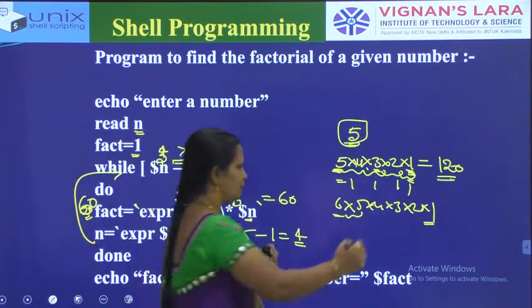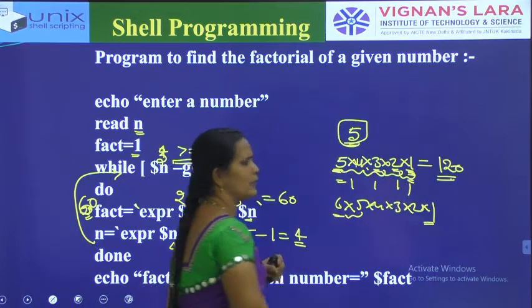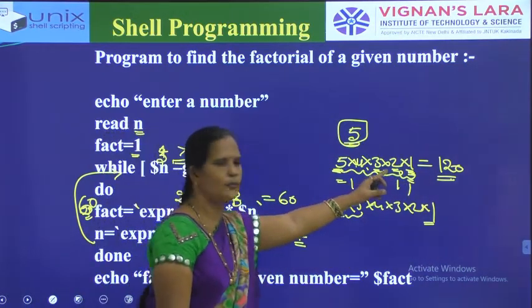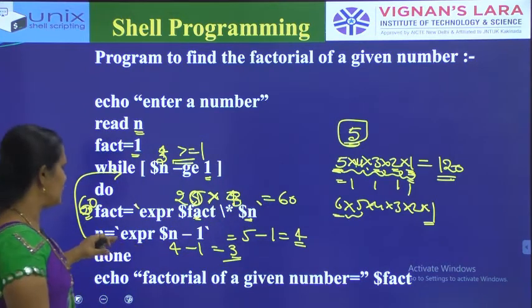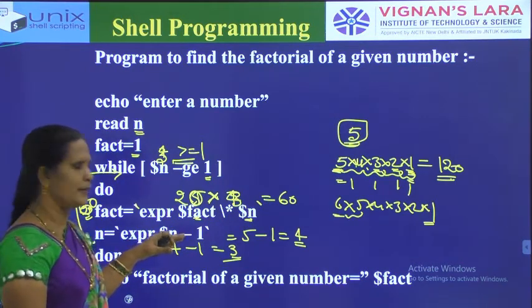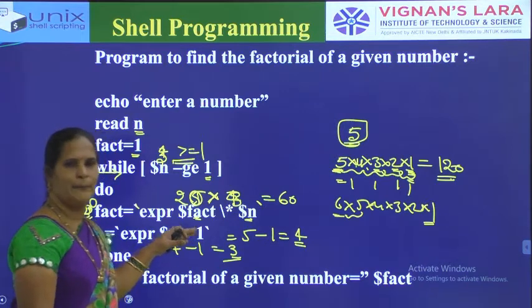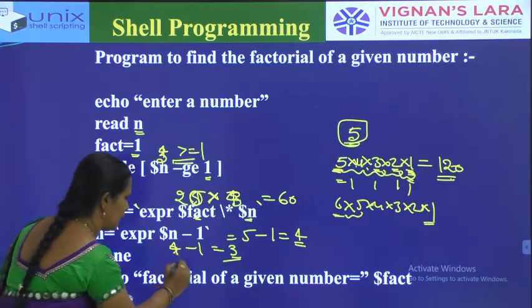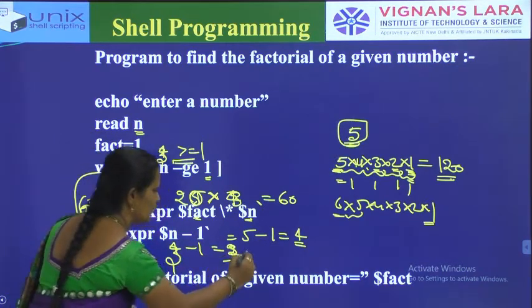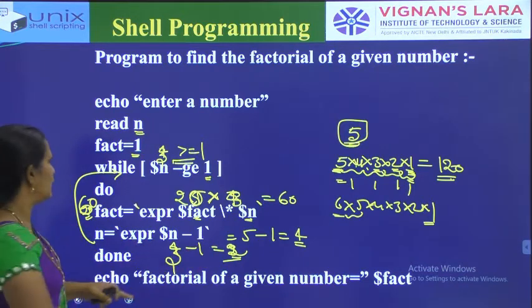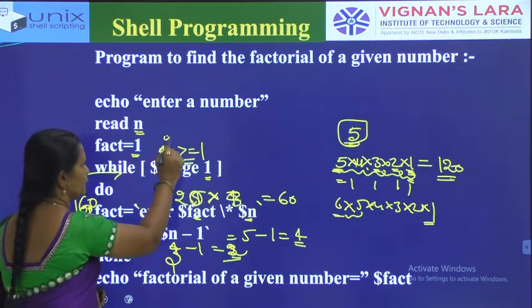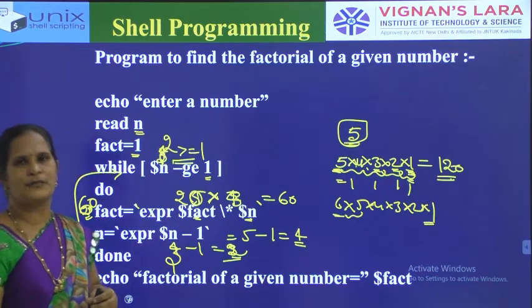Next, the value of n is 2. In order to get the value of 2, what do we have to do? We have to decrement the n value. n is equal to expr space $n space minus 1, which means 3 minus 1, which is 2. Now the value of n is 2. Again the control goes here. The n value is 2. 2 is greater than or equal to 1.